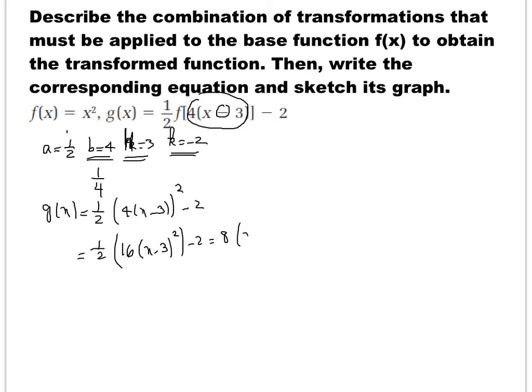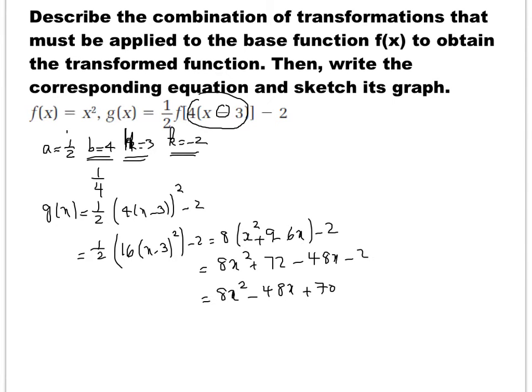(x minus 3) squared gives me x squared plus 9 minus 6x, minus 2. This is equal to 8x squared plus 72 minus 48x minus 2, which is 8x squared minus 48x plus 70.